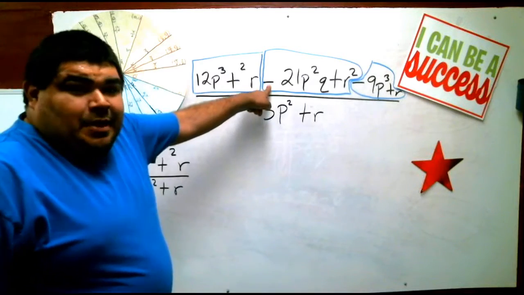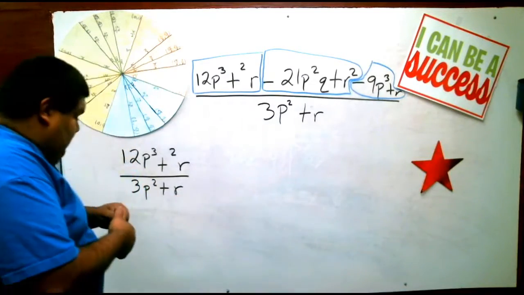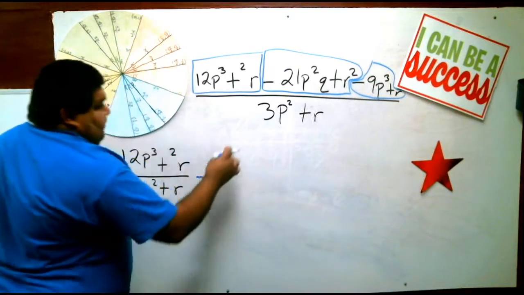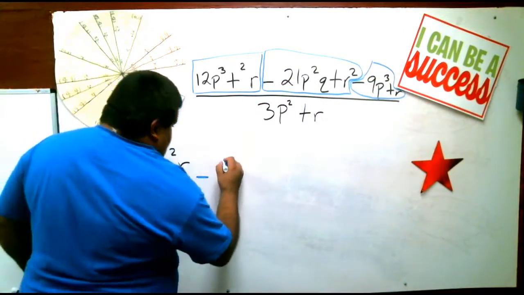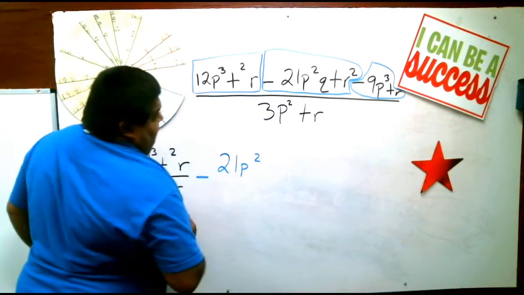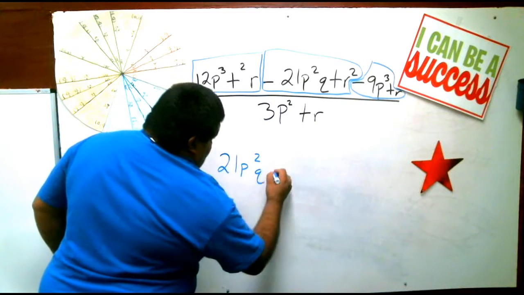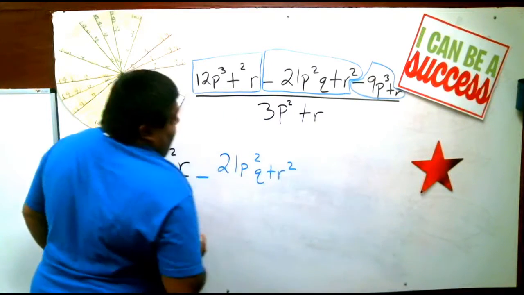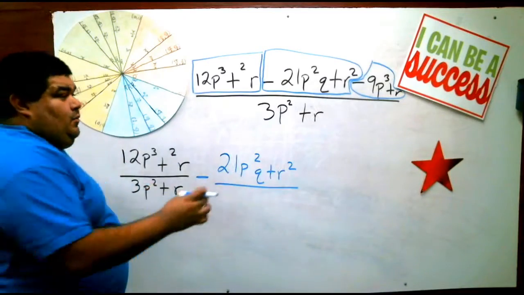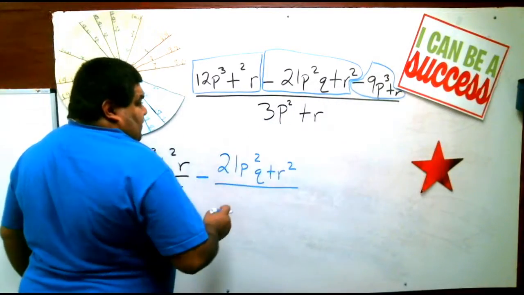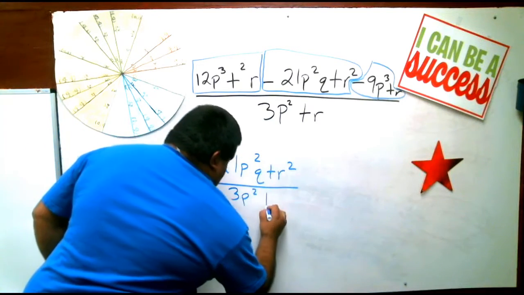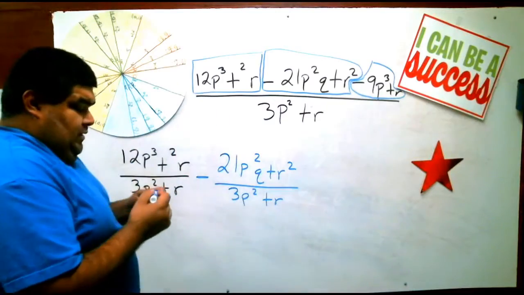Then I'm going to keep the minus from the other equation. Minus 21 p squared q t r squared over, again, the same one on the bottom, 3p squared t r, okay?